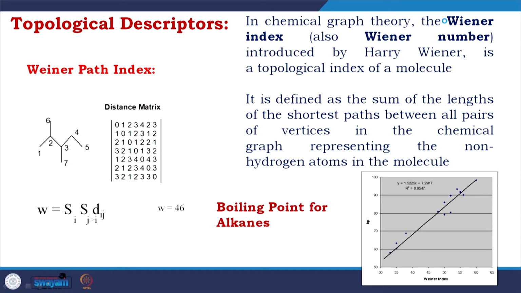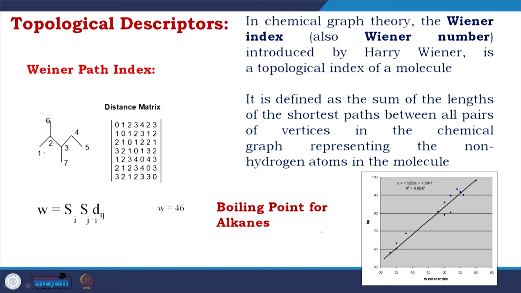Like if you have all of them carbon, how they are connected: 1 is connected directly to 2, while 6 is not directly connected, but is just one atom away from 1. So, this is the relation and it can be calculated.